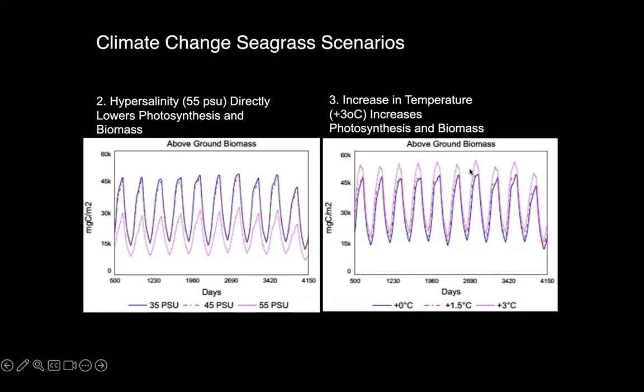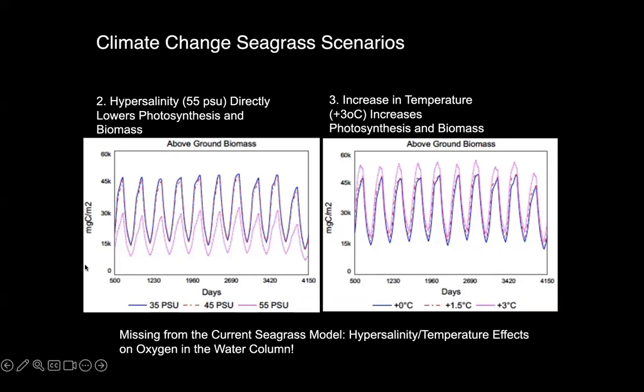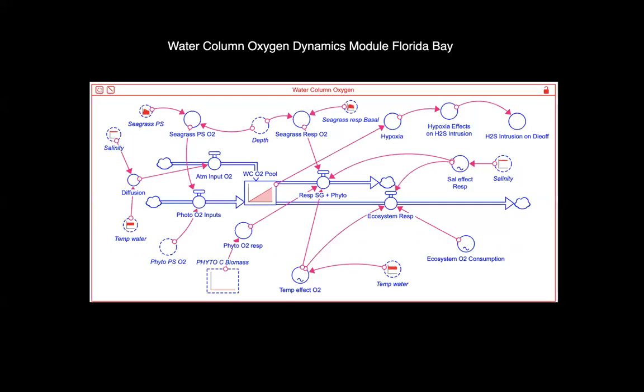These are tropical species. But what's missing from the current model is this relationship between hypersalinity, temperature effects, and the oxygen in the water column, and how that oxygen is really important for keeping these seagrasses from having these large-scale mortality events.